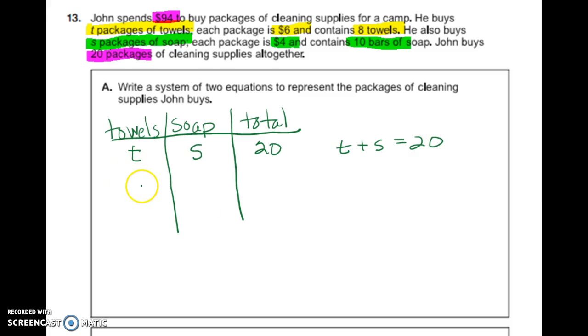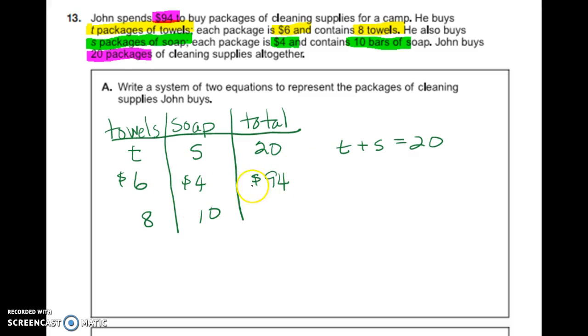I know that each package of towels costs $6 and contains 8 towels. Each package of soap costs $4 and contains 10 bars of soap. I also know that he spends a total of $94. So I don't have to do anything with the 10 bars of soap and the 8 towels yet, but we'll see if maybe they'll ask a question later.